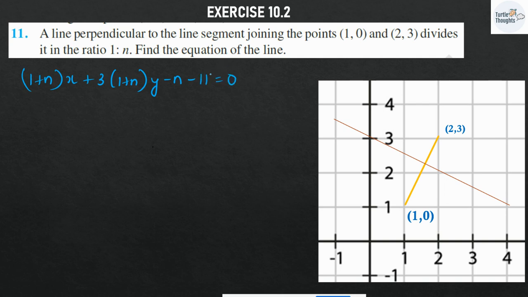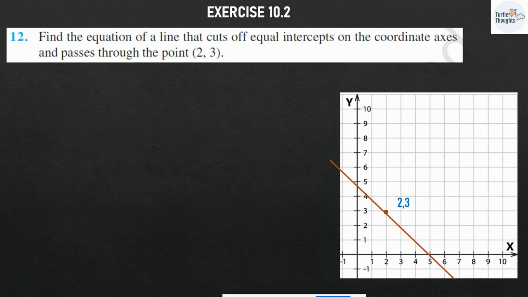Anything further I can simplify? No, I don't think I can simplify any further. So this is going to be the equation of the line. This completes question number 11. We will move on to the next question.